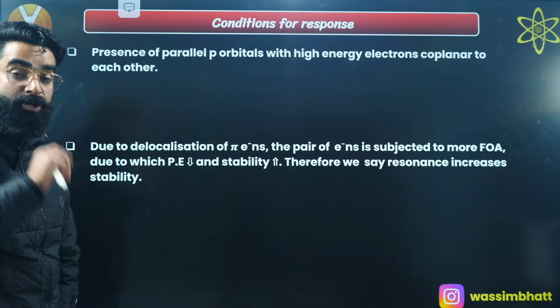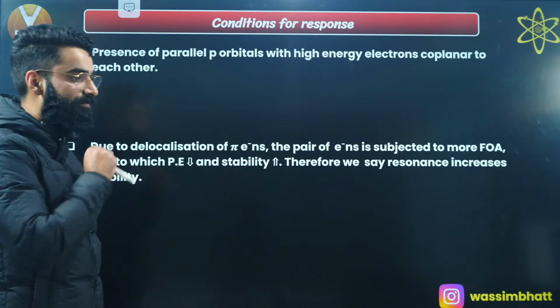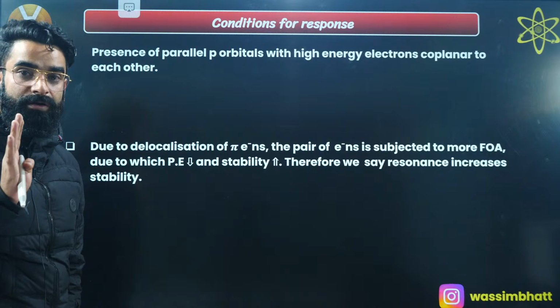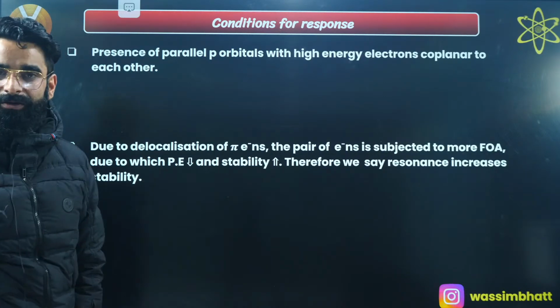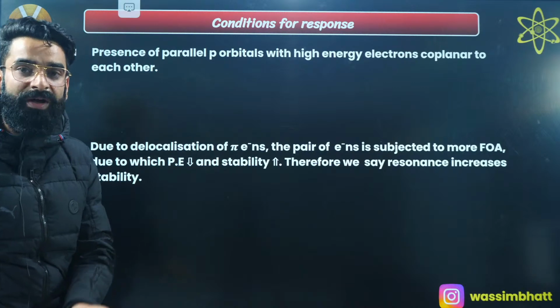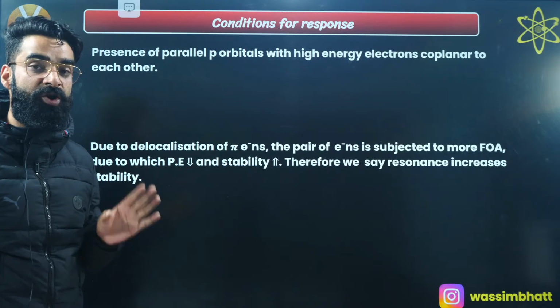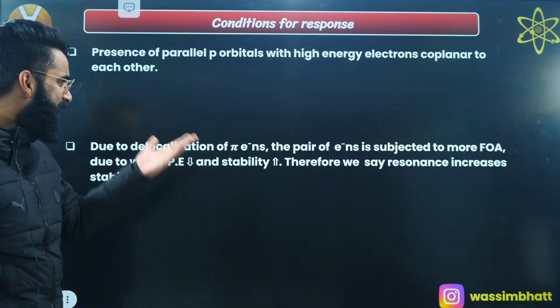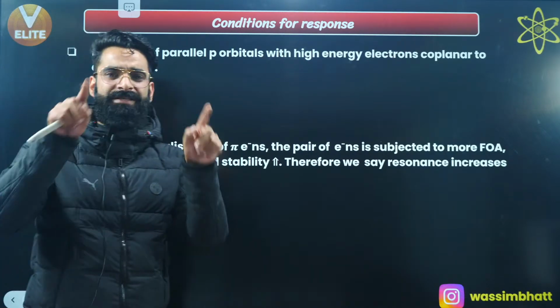Now, I was basically talking about the conditions for resonance. What are the conditions which must be followed so there will be resonance in the molecule? The first condition: there should be the presence of parallel p orbitals which must be coplanar to each other, like we saw in benzene.